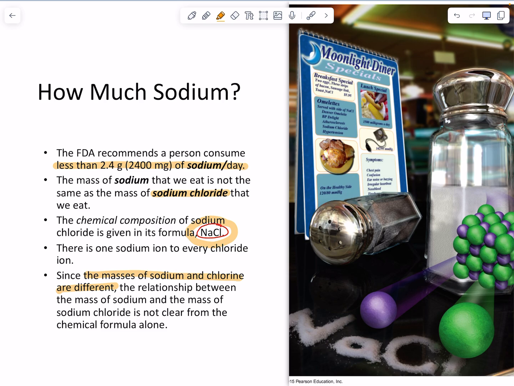We have ways of testing how much of this element is there and how much of that element is there. And then we can eventually get our way to a chemical formula like NaCl for sodium chloride by knowing, first of all, how much mass of chlorine is there.